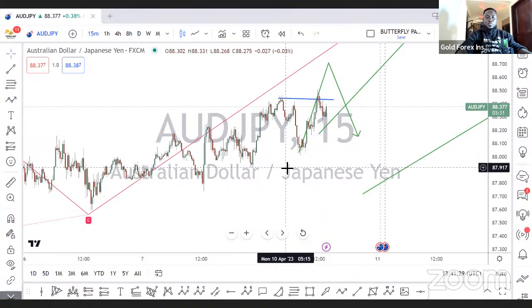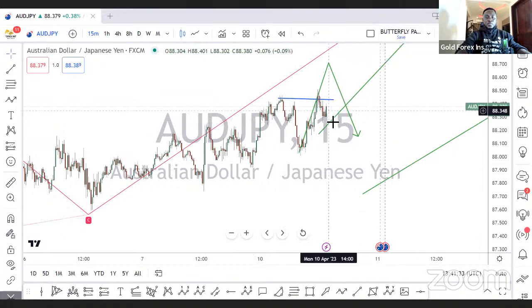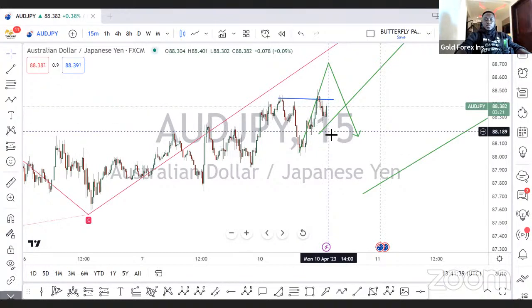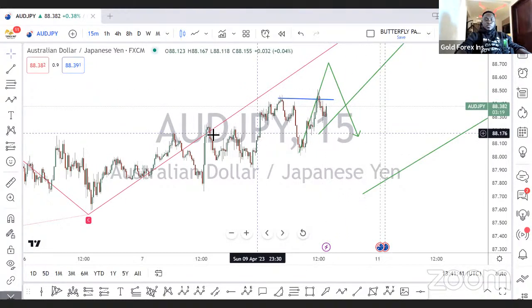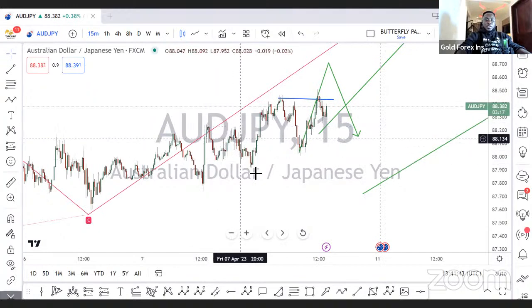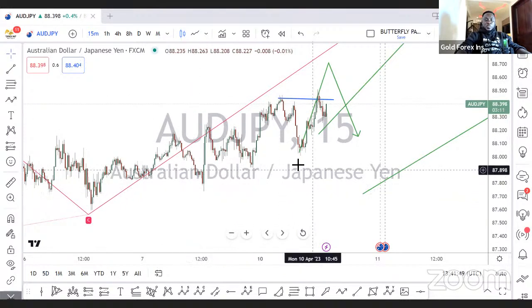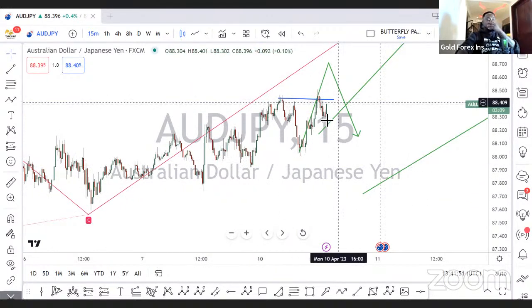Then you can enter here, put your stop loss here, and ride it. But here, I don't know, because market can still go down and you can join. Look at this, it came, went here, came more down. Also, normally you put your stop loss below the previous support, like here. Okay.